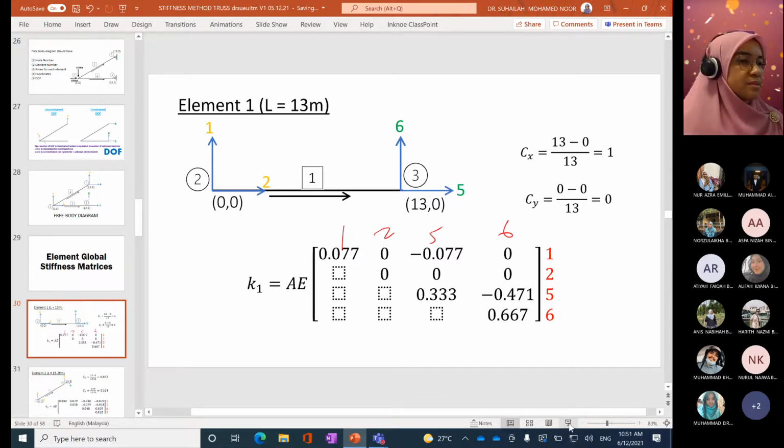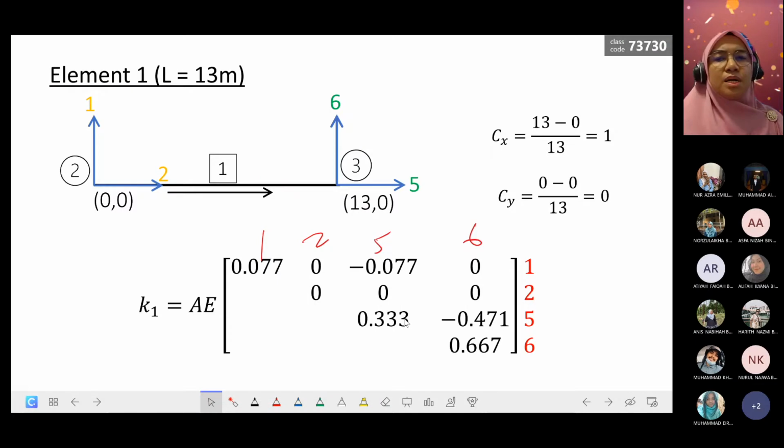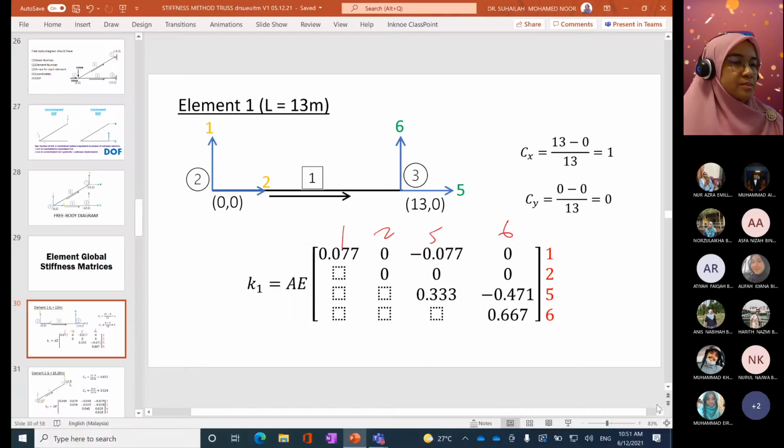Okay. 1, 2, 5, 6. Satu meter kan? Yang kotak 1, 1. Okay, formula dia tadi CX square kan? Ya, CX square divide by L. That's why dapat 0.077.